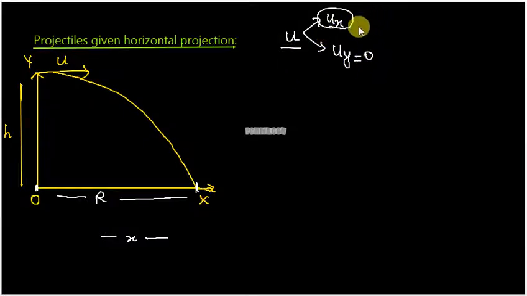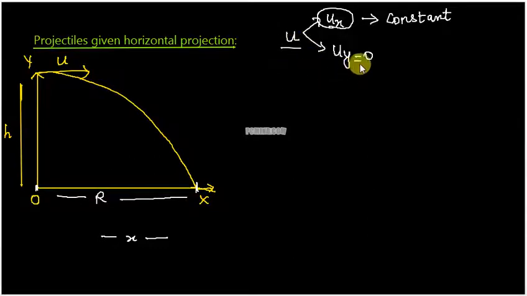So I'm saying for the initial velocity u, its x component is there and uy is 0. And what is special about the x component? That this is going to remain constant throughout the motion. And why is that? Because velocity changes only when a force acts on it, but there is no force acting along the horizontal. Therefore, we would say that the velocity ux remains constant throughout the motion.